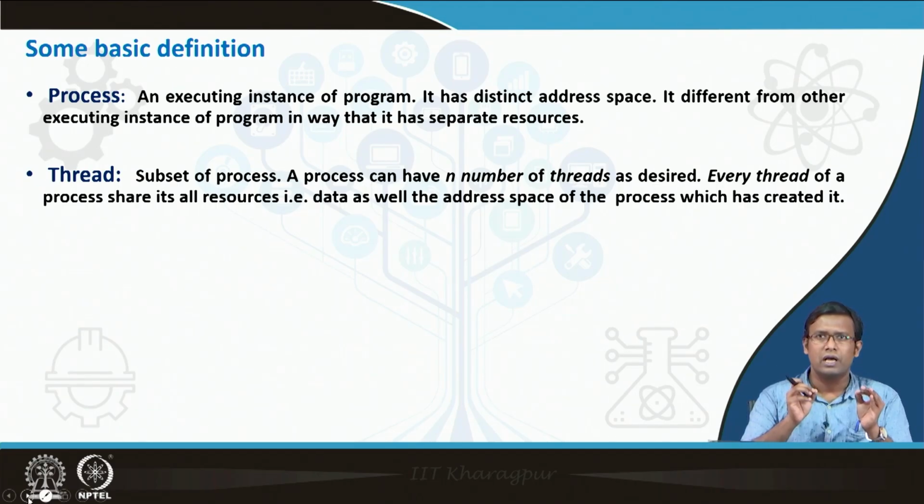A thread is something like an executing instance of the program which shares its resources, which shares its address space with some other threads. So, when multiple instructions are going on the same address space, these are threads. When an instruction is going only on a particular distinct address space, if there are multiple instructions, there are multiple address spaces, this instruction instance is a process.